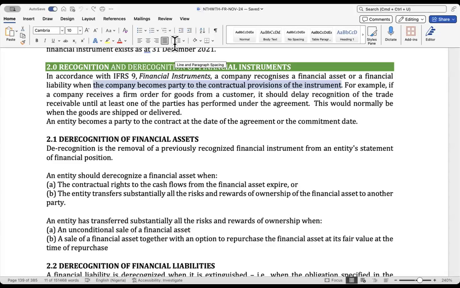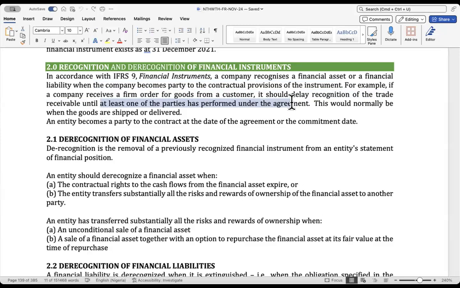So when you become a party to a contract, again, when you are selling goods, before you can recognize trade receivables, IFRS 15 already taught us that you must have performed. You must have delivered. Otherwise, you cannot recognize trade receivables.